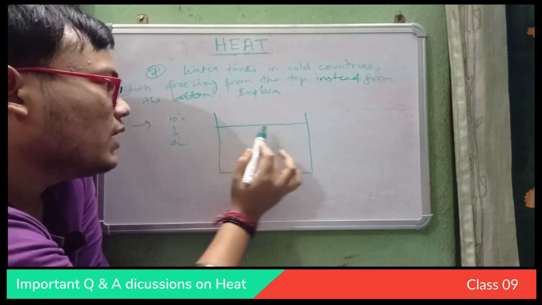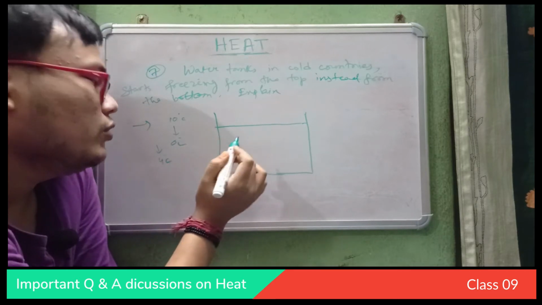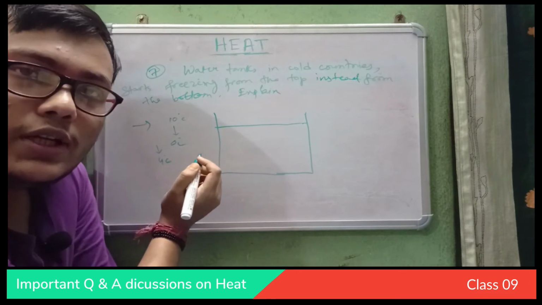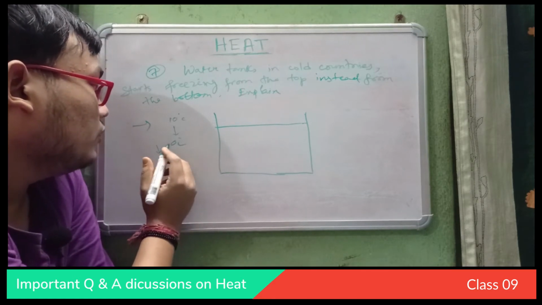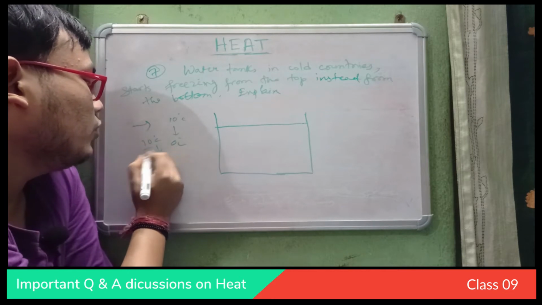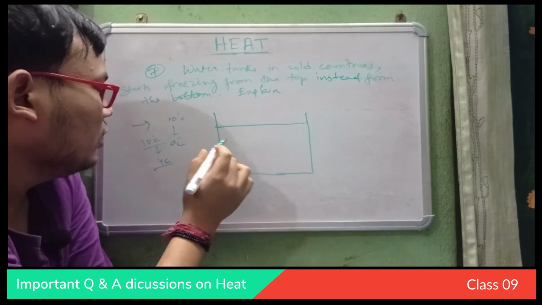So from 10 to 4 degrees Celsius the volume keeps on decreasing.